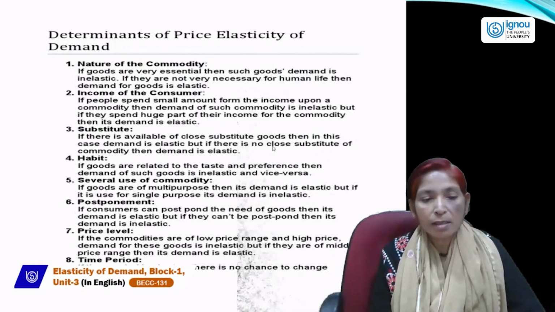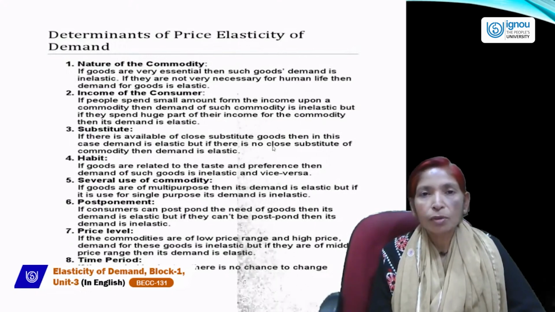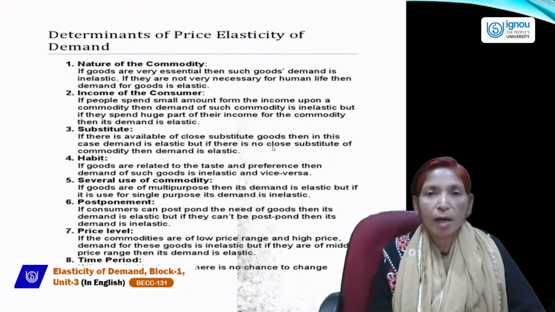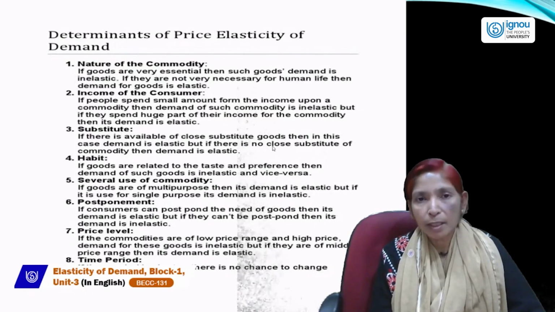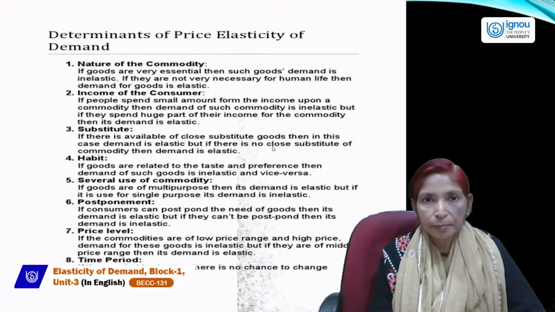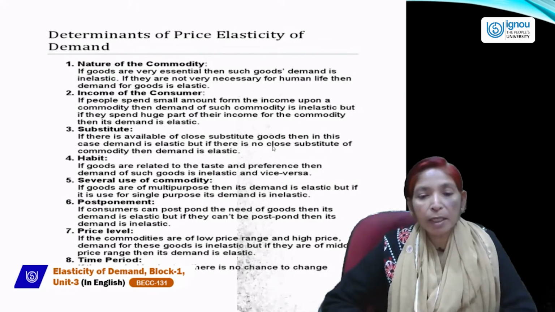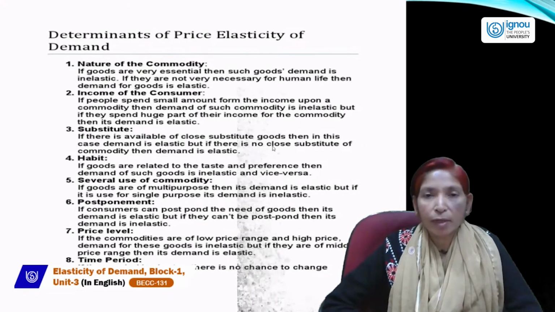And the last point is time period. You know that according to Marshall, time period is classified into three main categories. One is market period, second is short period, third is long period. Market period is that period in which we can't change. Short period is that period where we can change only variable factors but not fixed.